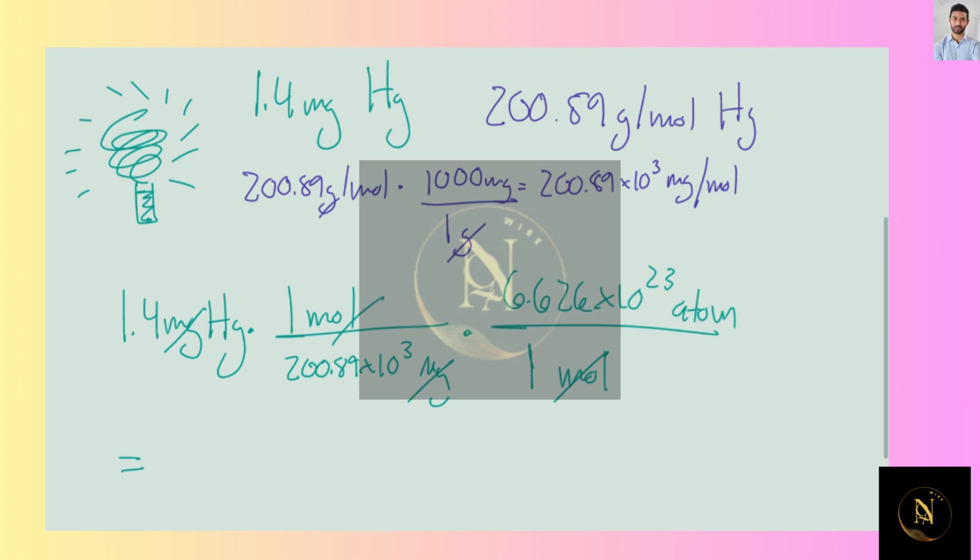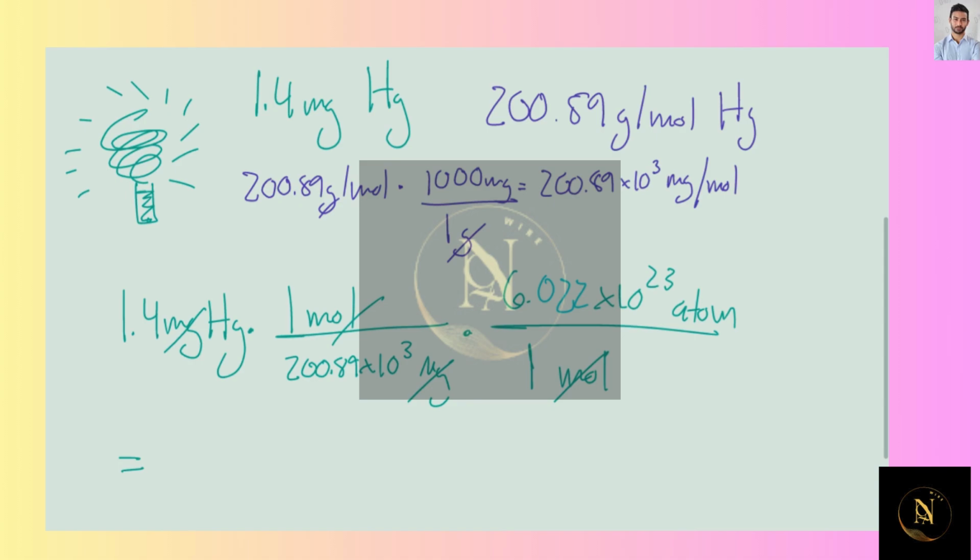Avogadro's number, this seems like the wrong, yeah, I gave the wrong constant. That was a version of Planck's constant. I need 6.022. There we go. Okay, so now let's just do the math on this.